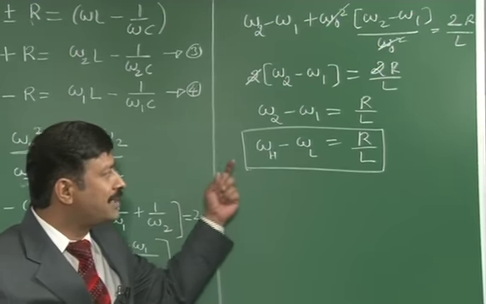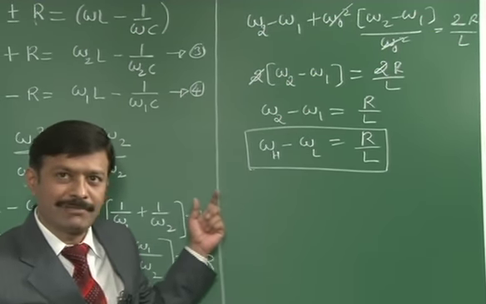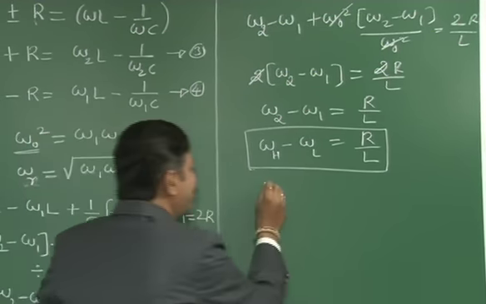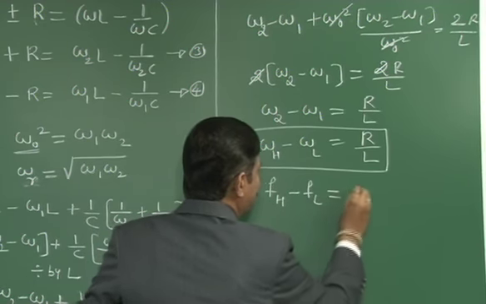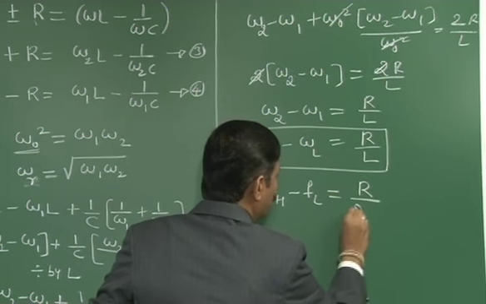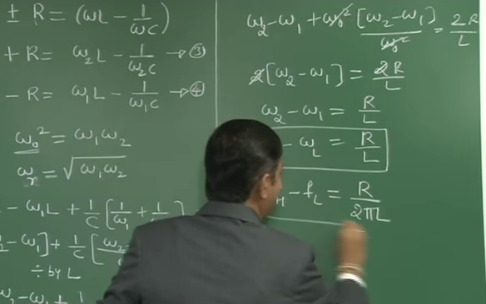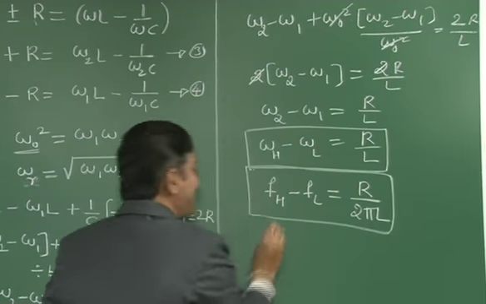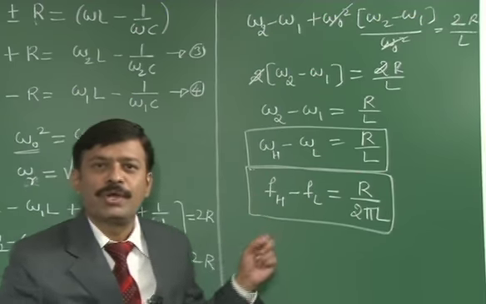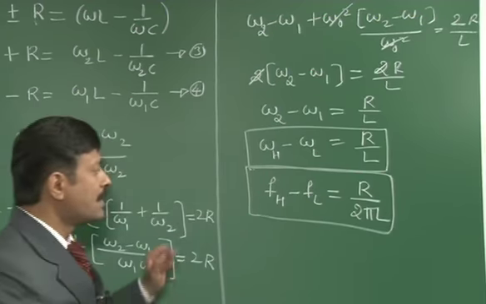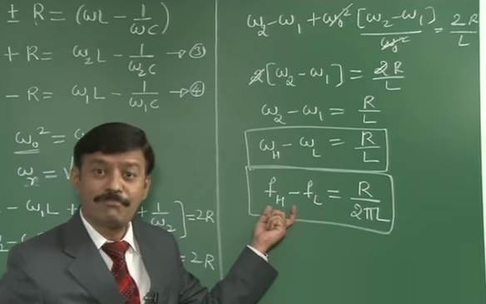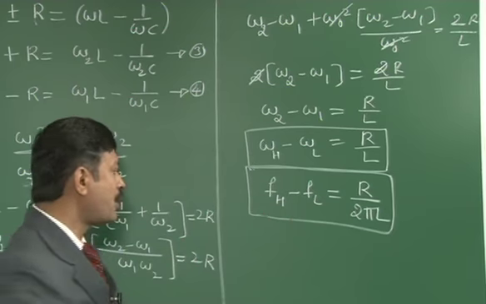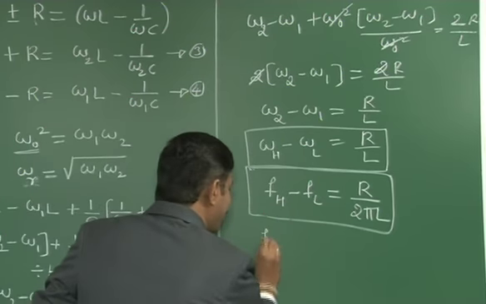If you want the bandwidth in hertz, then the expression will become FH minus FL is equal to R by 2 pi L. These two expressions belong to bandwidth. So the individual frequencies, the two half power frequencies, can also be computed using these formulas.